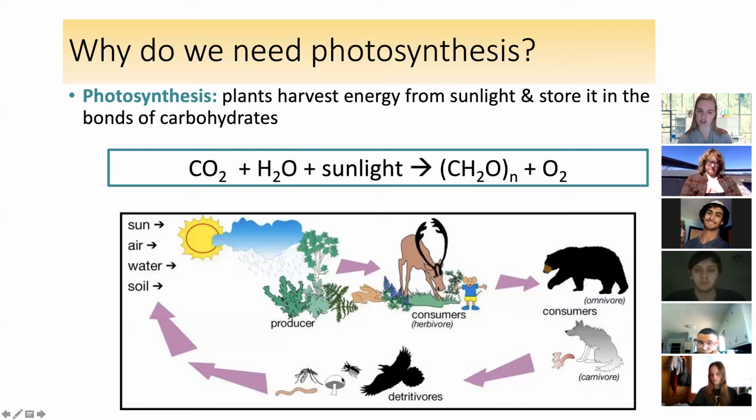Even if it doesn't directly eat the plant, it's eating things that do. So this is a huge cycle, like the cycle of life. And it's important for us to understand the different components, mainly so that we are vested in protecting it too.